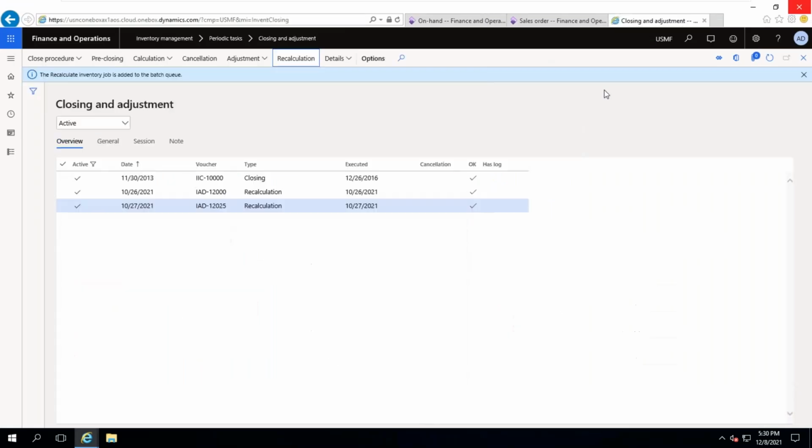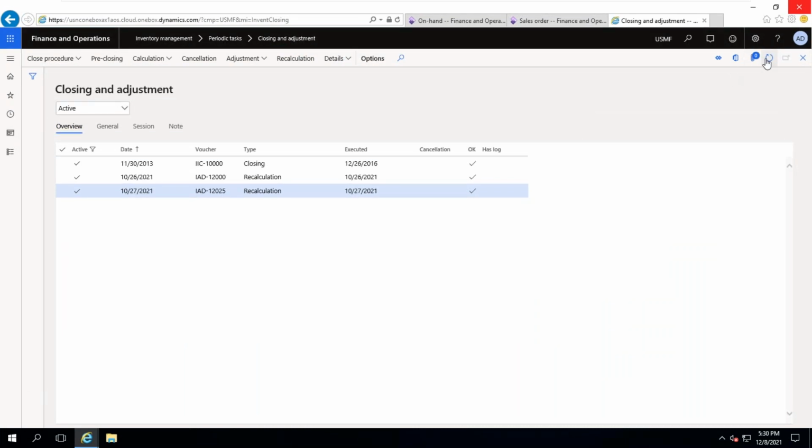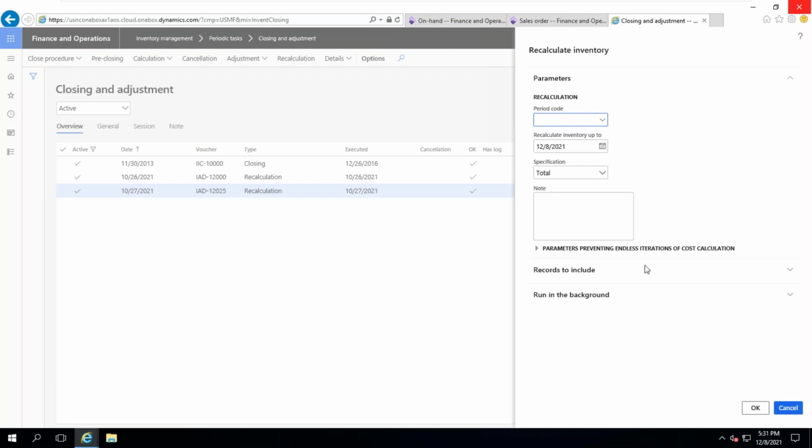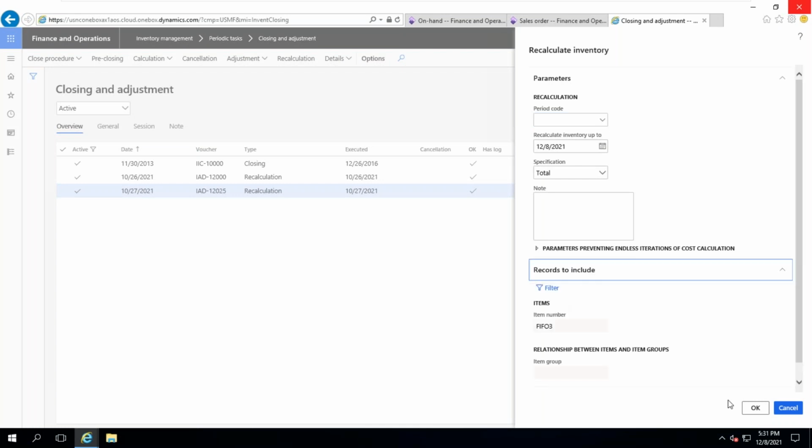If you go to inventory closing and refresh, let me run the recalculation once again for this item.